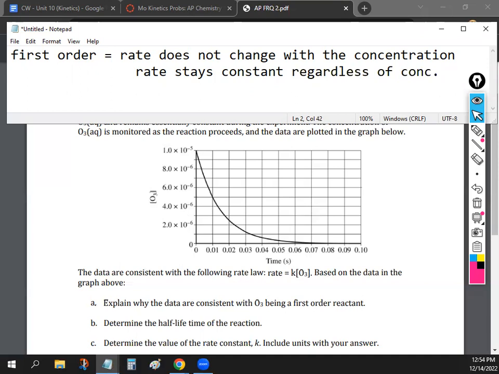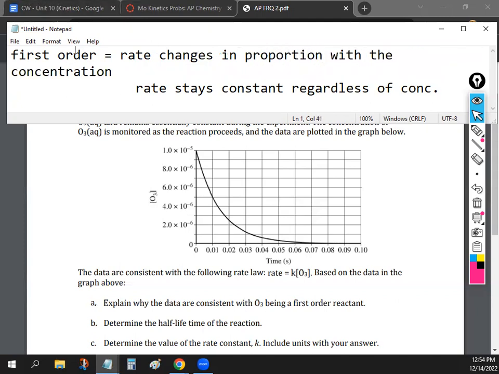Okay, so it doesn't matter if you have 1 molarity of the reactant, 2 molarity, 3 molarity, 4 molarity, right? The rate is going to stay constant in proportion to the concentration. Okay, so if you double the concentration, the rate also doubles. If you halve the concentration, the rate is also going to halve.